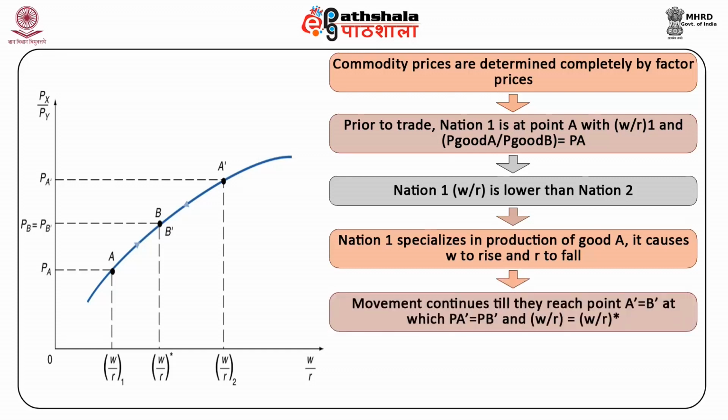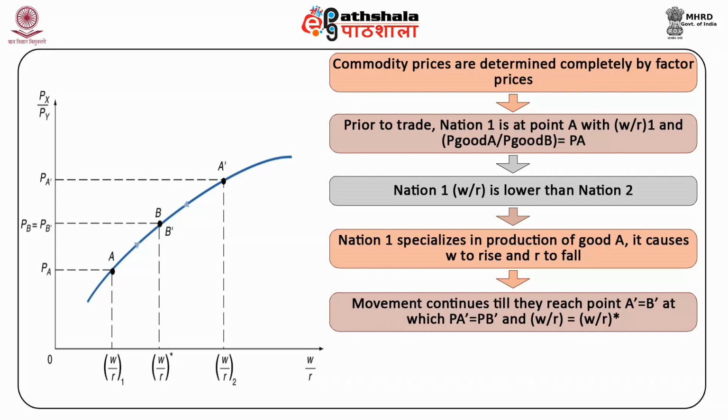The movement of W upon R in both nations is shown through arrows. This movement continues till they reach point A dash equal to B dash, at which PA dash is equal to PB dash and W by R is equal to W by R star in both nations.